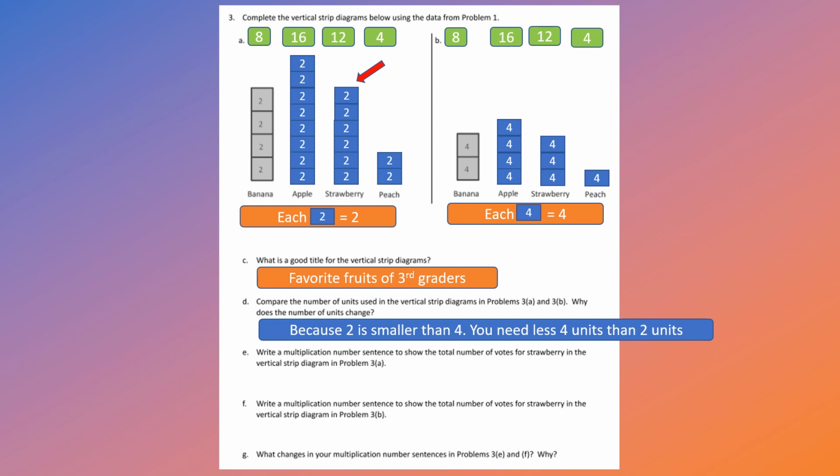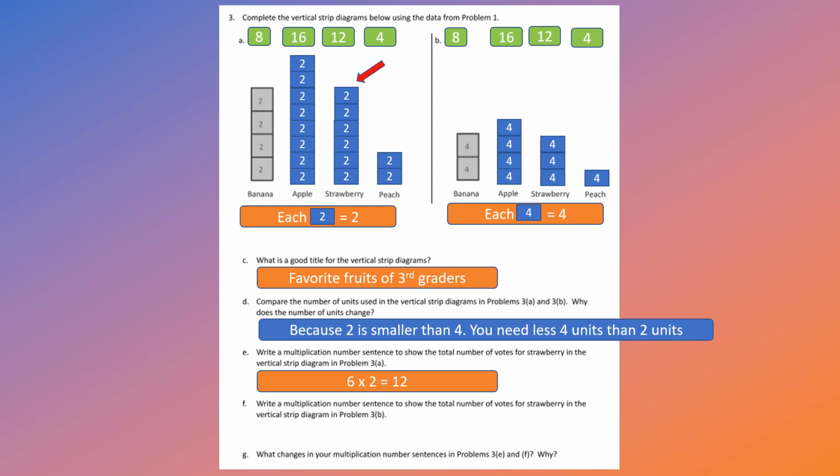So first, how many 2's do you see here? Right, there are 6 2's. So to represent that as a multiplication number sentence, you could say 6 times 2 equals 12 because there are 6 2's and those 6 2's are equal to 12.